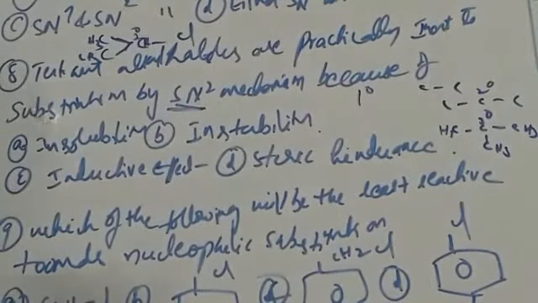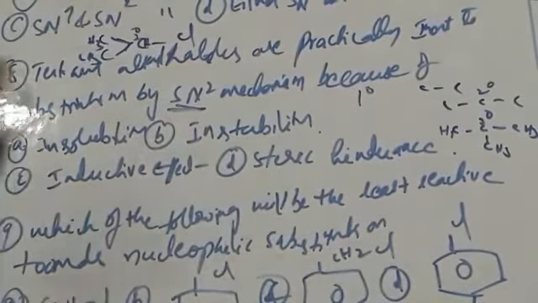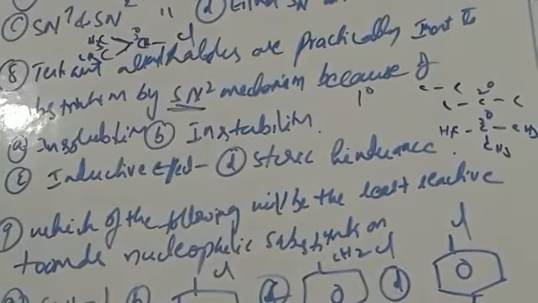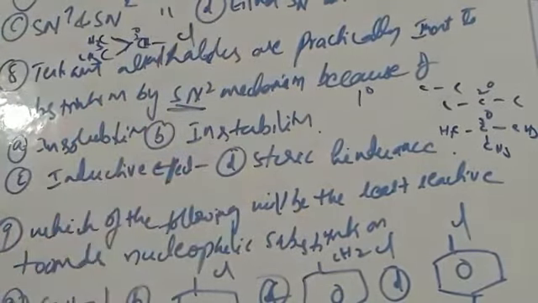And the carbon is linked with a halogen atom here, so for tertiary carbon, a chlorine atom or bromine atom is linked in tertiary alkyl halides. So due to steric hindrance, tertiary alkyl halides are inert to SN2 mechanism. But tertiary alkyl halides are more favorable to SN1 mechanism.